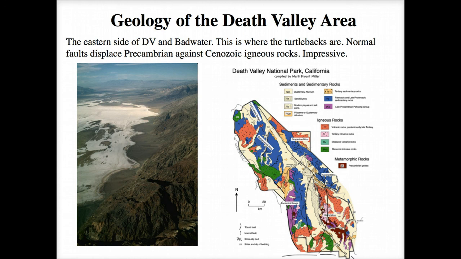Here's another shot looking on the west, or excuse me, the east side of Death Valley. There's Badwater down here. This is the Black Mountains. These are those turtlebacks, right? And this is about the area that we're looking at, looking from the south to the north, and you're seeing the bottom of the valley. And then over here on the eastern side, you're seeing various old Precambrian rocks.